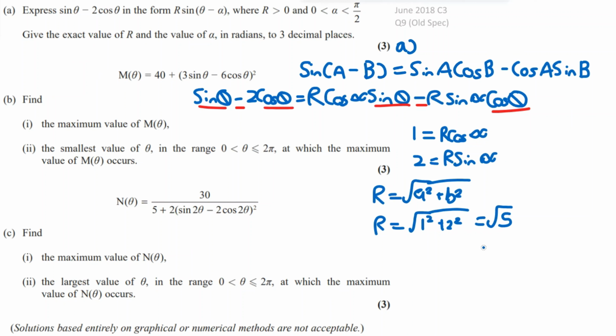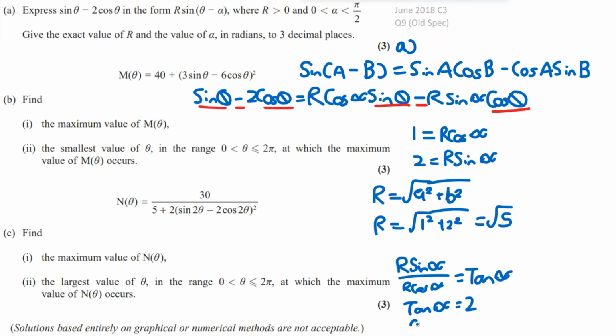And then to find alpha, we're going to do r sin alpha over r cos alpha, and then the r's cancel out to just leave us with tan alpha. So tan alpha is equal to r sin alpha, which is 2, over r cos alpha, which is 1, which we can just write as 2.